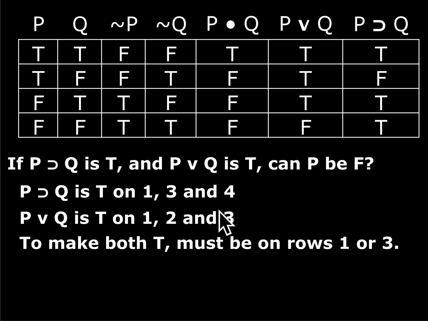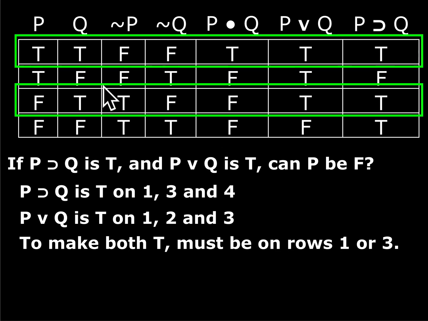So to make both of these true, we have to restrict our attention to rows 1 and 3, because those are the rows where both conditions are met. I'm going to put green boxes around rows 1 and 3 to indicate that those are the ones we're paying attention to.